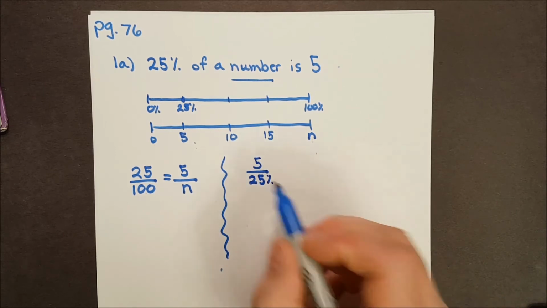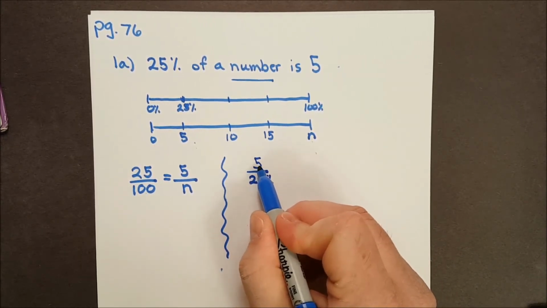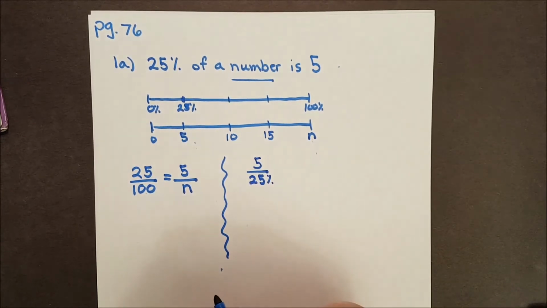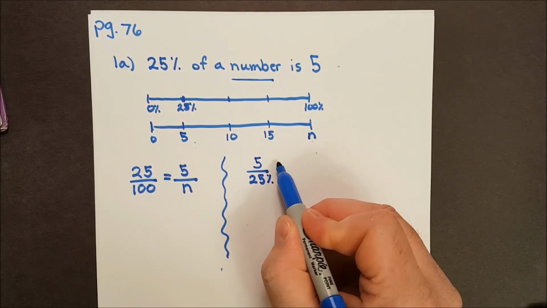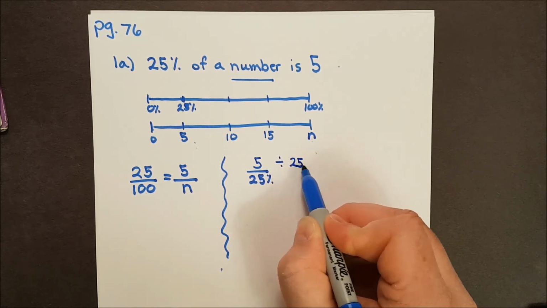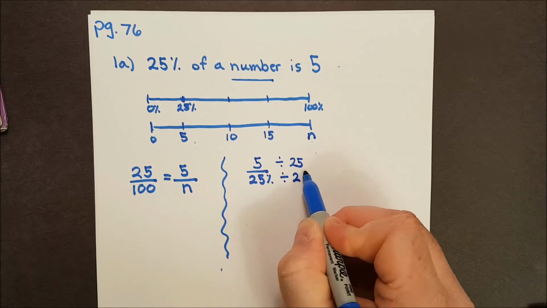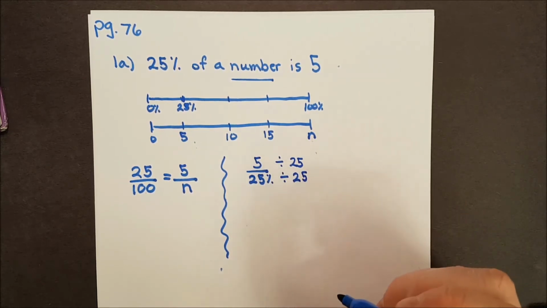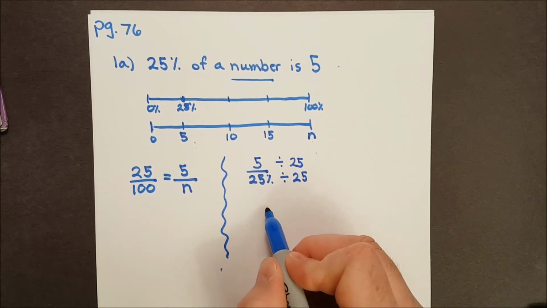Now how much is each percent? If 5 gives us 25%, how much is each percent worth? Well, let's divide the top by 25 and the bottom by 25. So this will give us each percent.